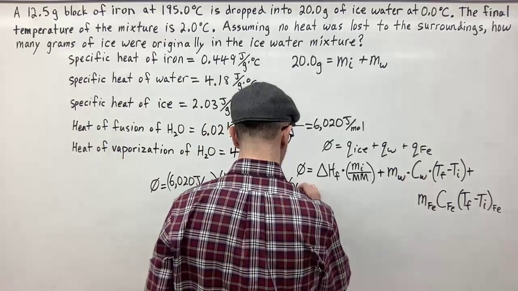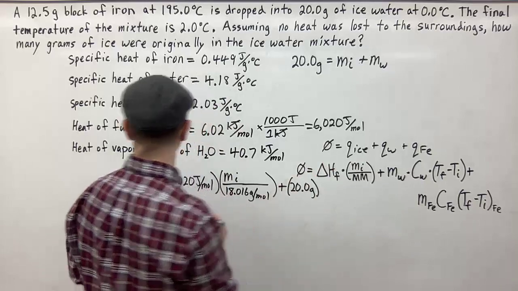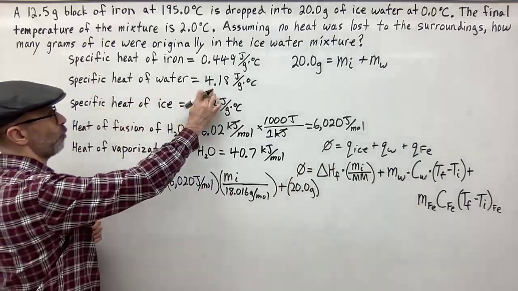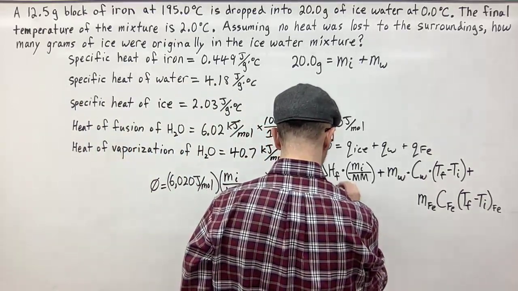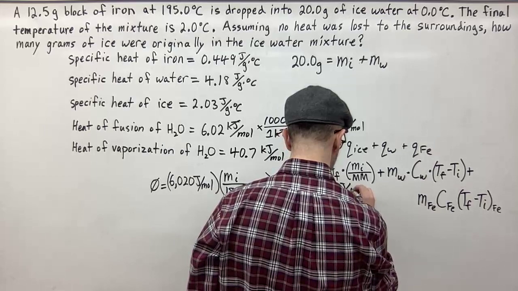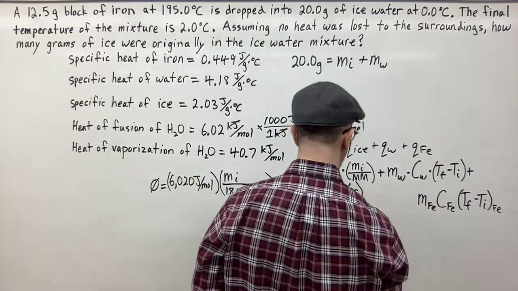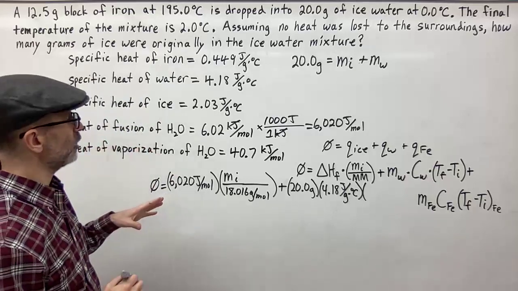So this is going to be 20.0 grams multiplied by the specific heat of water, which is 4.18 joules per gram degrees Celsius, multiplied by the temperature change, final minus initial.